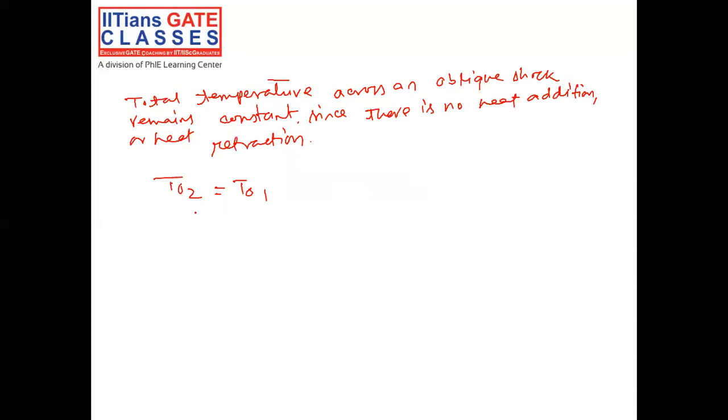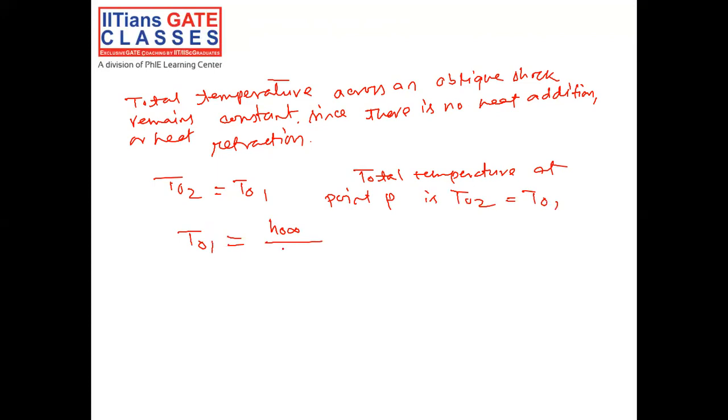So the total temperature at point P is TO2, which equals TO1. Now TO1 is the total enthalpy, the free stream enthalpy, divided by Cp. Cp is given as gamma R by gamma minus 1.